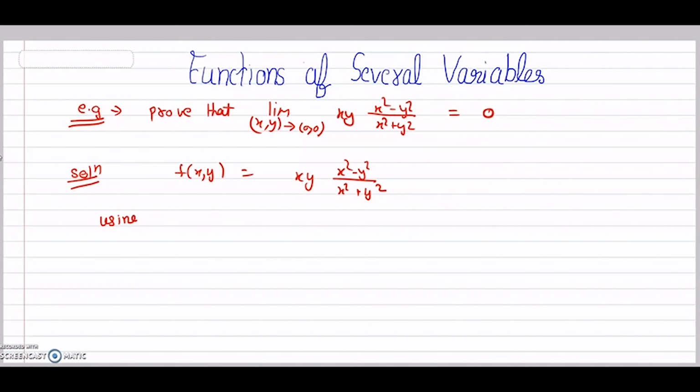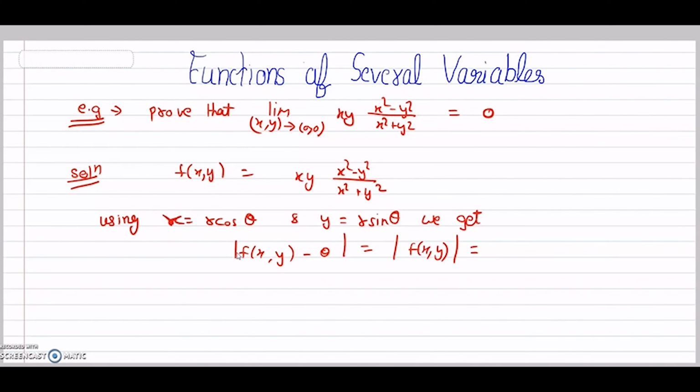Now using x equals r cos theta and y equals r sin theta, we get |f(x, y) minus 0| equals |f(x, y)| equals |xy(x square minus y square) upon (x square plus y square)|.